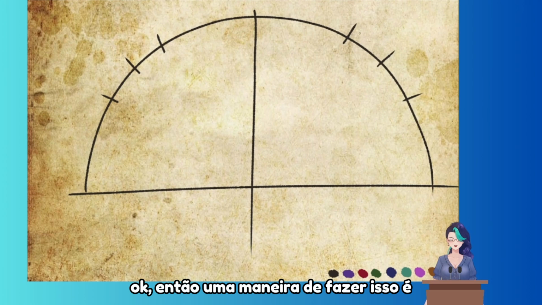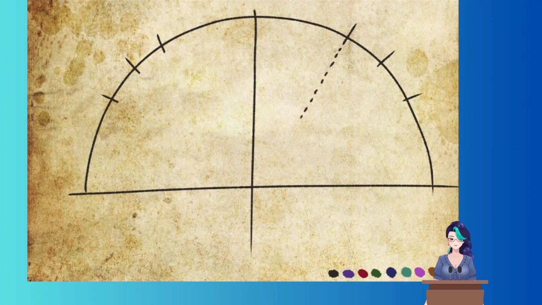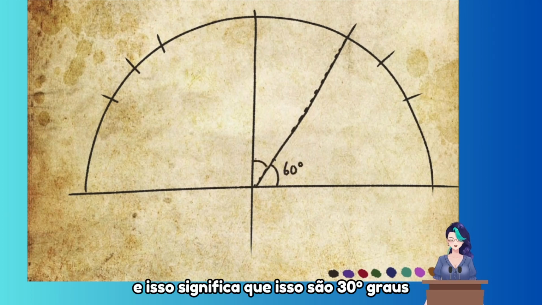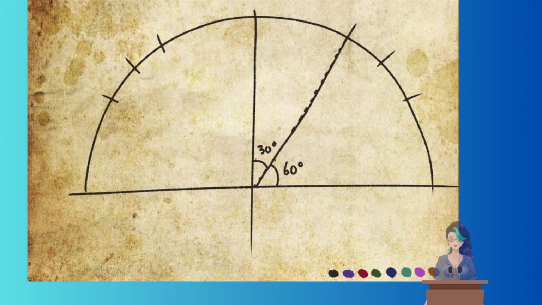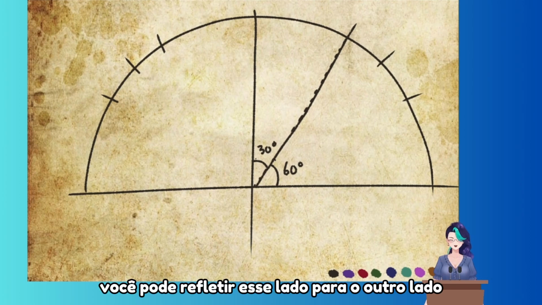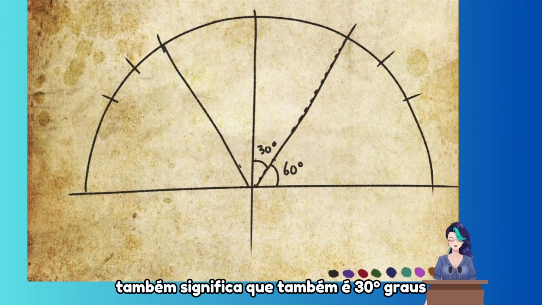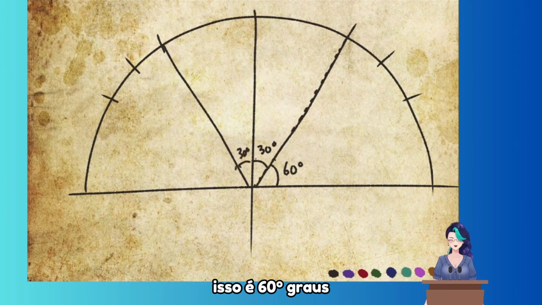Okay. So one way we can do this is if we make this line here, and this is 60 degrees, that means this is 30 degrees. You can reflect this side over to the other side as well. Means this is also 30 degrees. This is 60 degrees.